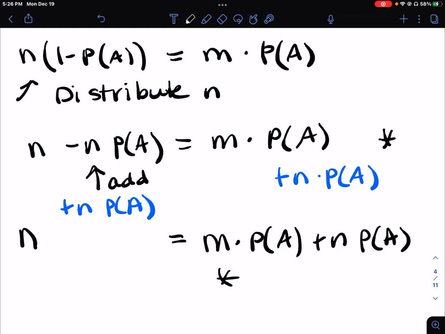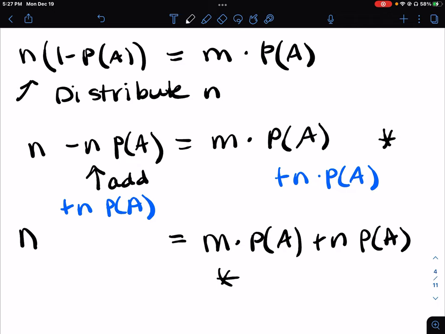Okay, now it wants us to get n, solve for n. So what we're going to do is distribute n to the 1 and n to the p. So n times 1 is n, n times p is np.